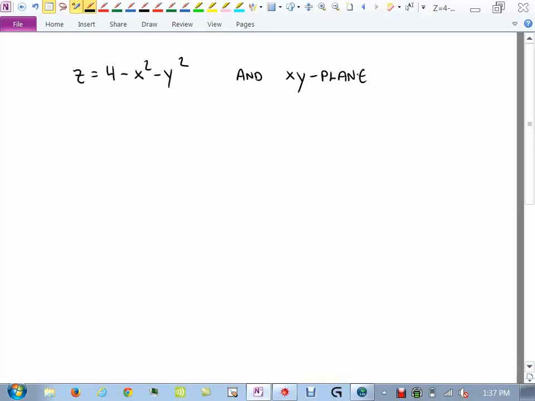If x and y are both 0, so we're at the origin, this is x, this is y, and this is z. At the origin, what's z? 4, right? Okay, what if y is 0? Completely gone.